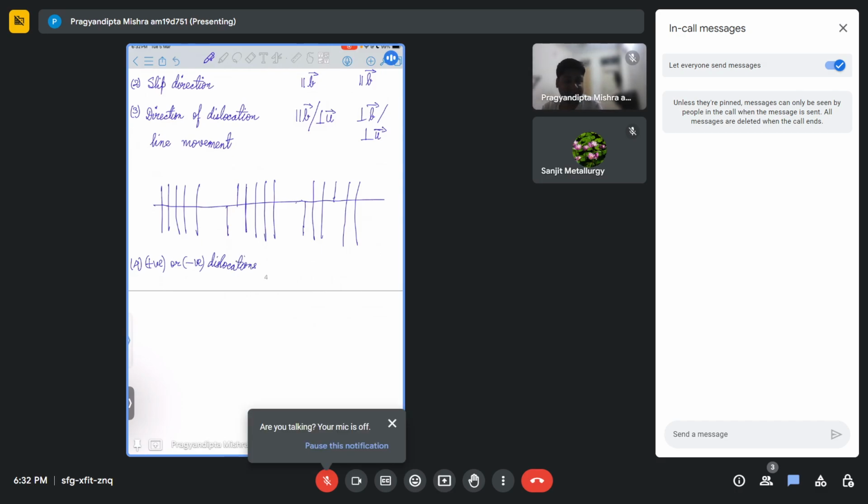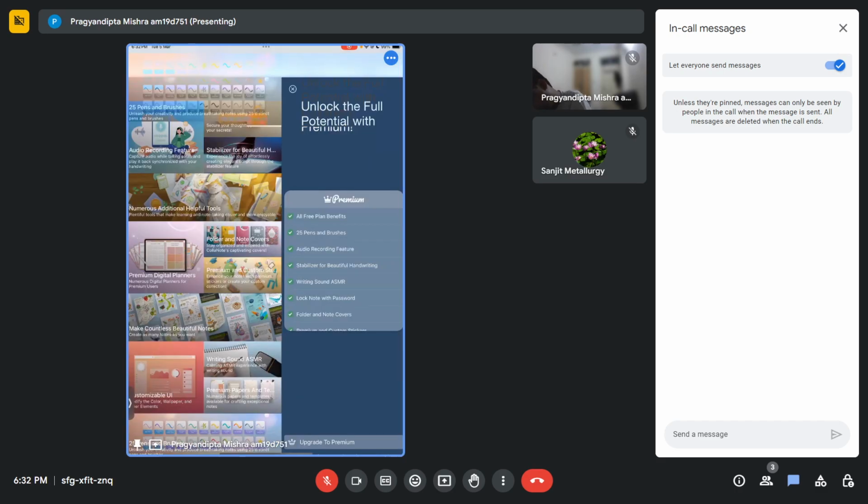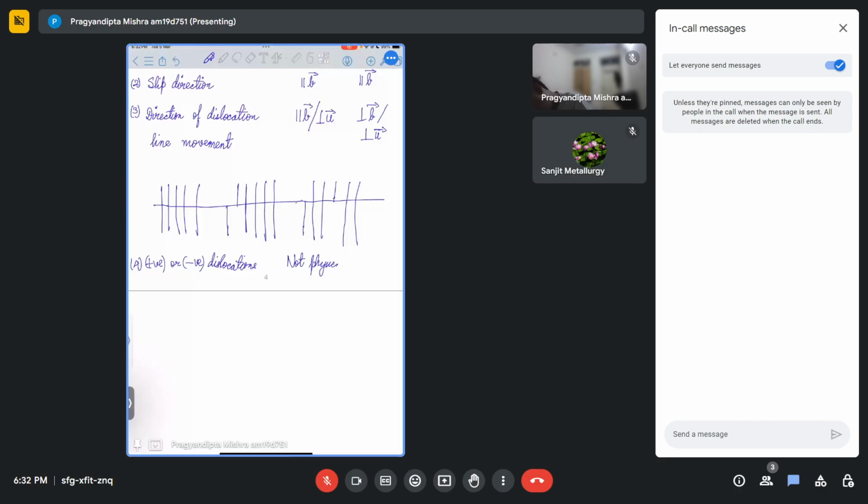So in edge, there are no types of dislocation. All dislocations are the same type. Okay, so you can say that they are not physically distinct. While in screw, they are actually physically distinct.